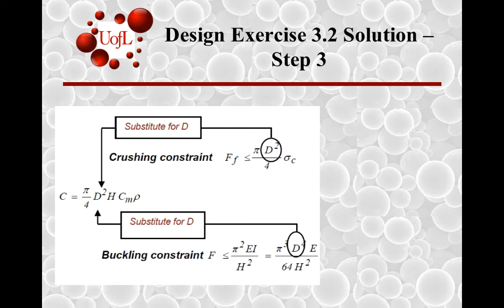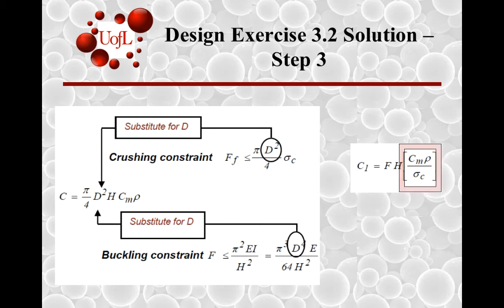Give this a try. So our job is to eliminate d square from each of these equations and substitute over here in order to compute a cost. In the first case, that is F times H times this combination of material properties. And so Cm rho by sigma c will be your one index, in this case a cost index, right, as a performance index.